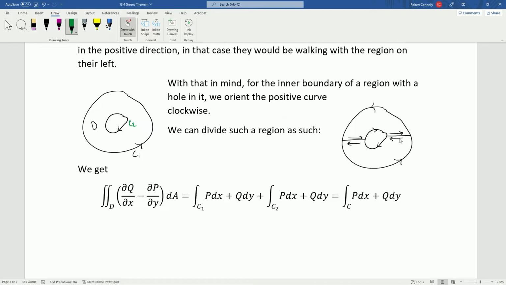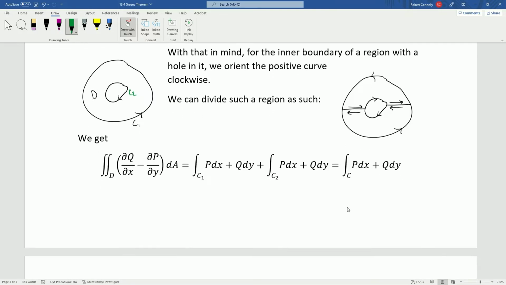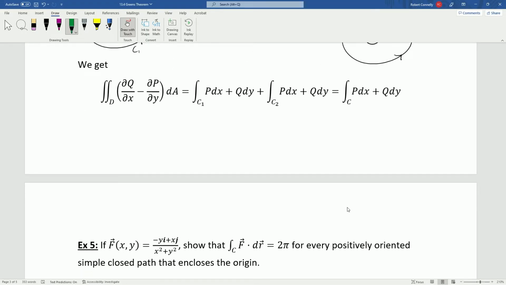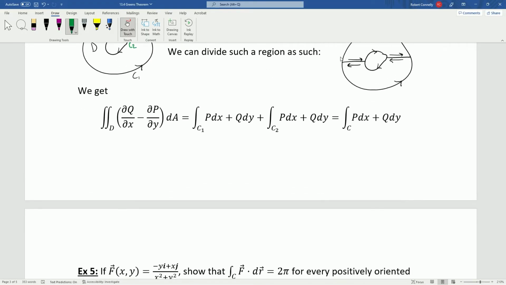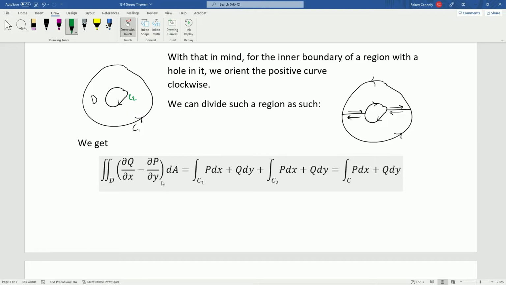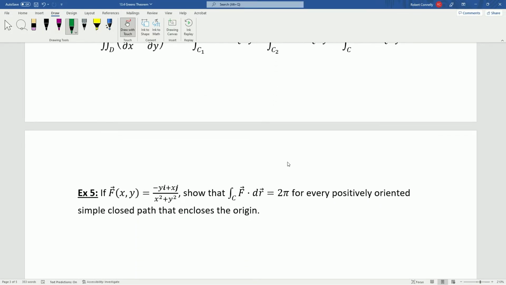They're oriented in opposite directions. So when you sum these two up, we can just call this the integral of P dx plus Q dy over C, where C represents the sum of the two boundaries, the union of those boundaries.